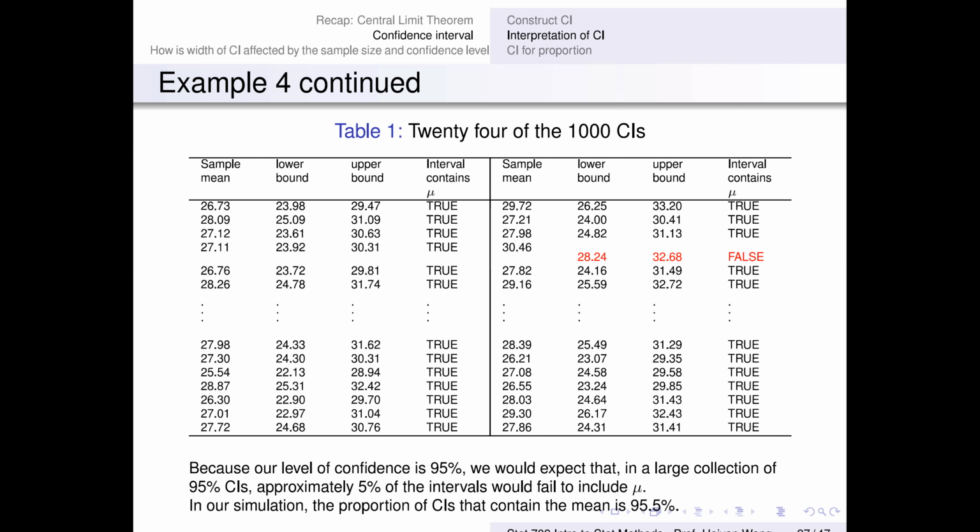Generally, if you have a large number of samples and compute confidence intervals, you can expect around 95% would contain the true mean if you construct the 95% confidence interval. I hope this helps you understand the meaning of the confidence interval: for a large number of experiments where the procedure of confidence interval construction is repeated, around 95% of them will contain the true mean.